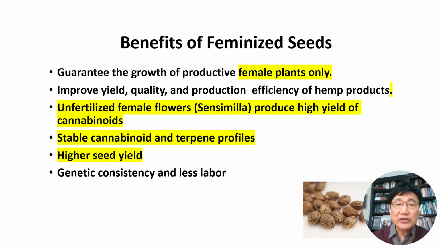Cannabis growers generally aim for unfertilized female flowers to produce a high yield of cannabinoids, but even one male plant pollinates the crop, reducing quality and yield. Expected yield may drop by 30 to 50% due to male plants.